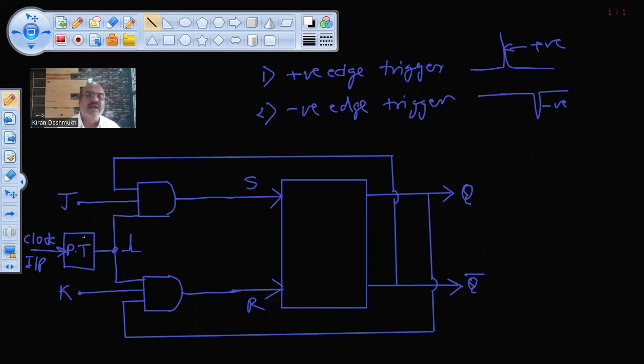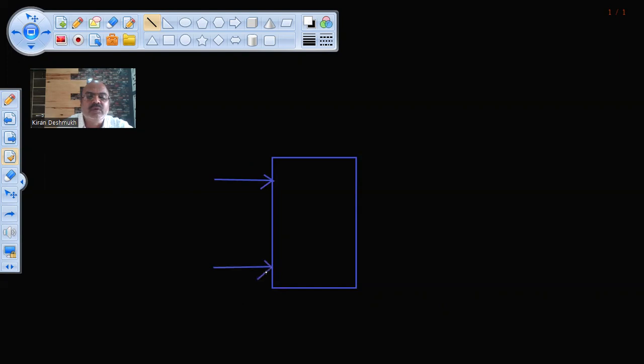Okay. The same circuit diagram, except that I have added this block. Now, what will be the symbol for this? The symbol is like this. This is the J input. This is the K input. This is the Q output.